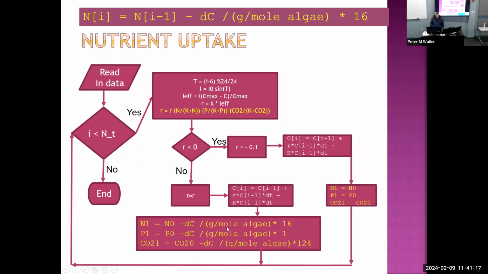Then we divide that by grams per mole of algae, and we multiply it times 16 based on the stoichiometric equation for nitrogen. So we have our N0, or our N at I minus 1. Then we have N at I equals N at I minus 1 minus the change in algae concentration divided by the grams per mole of algae times 16 based on the stoichiometric equation, and similar for phosphorus and carbon dioxide.